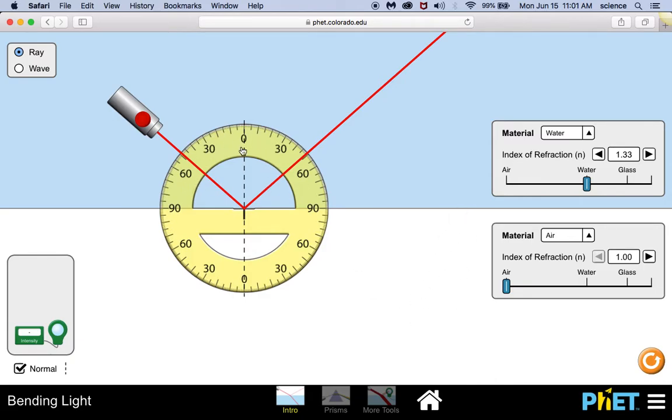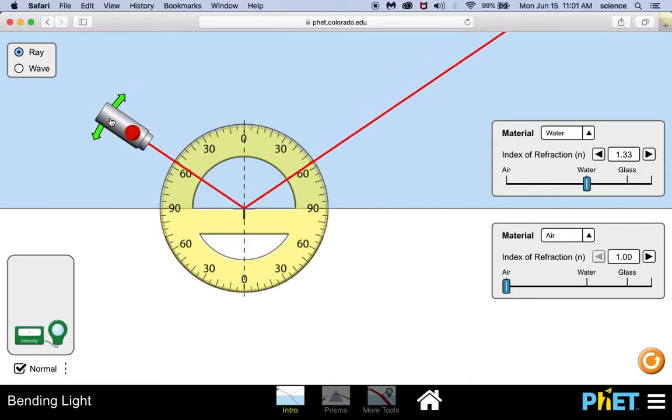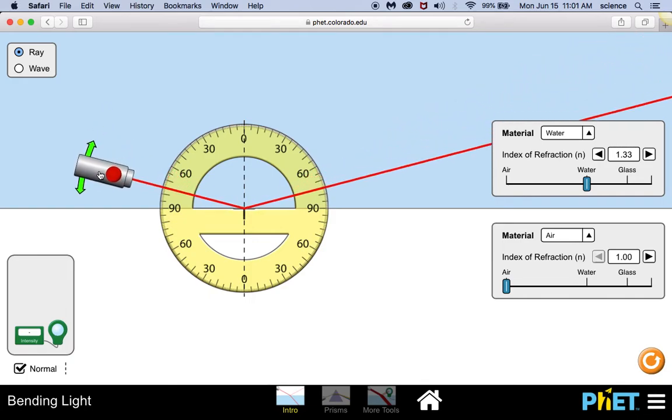This right here would be my critical angle. For water into air, it's a little less than 50 degrees, probably around 48 degrees. And then as I go beyond that, the light is always reflected.